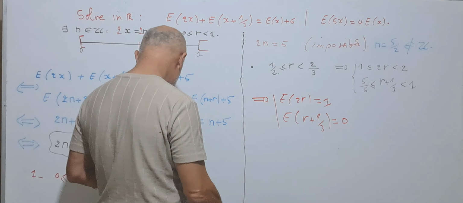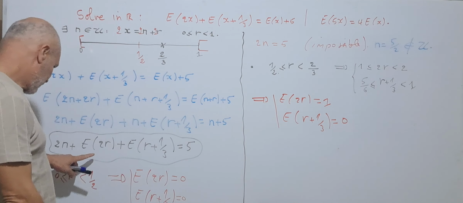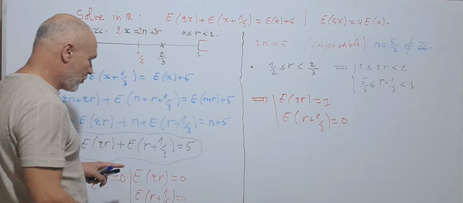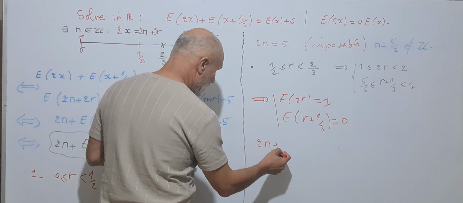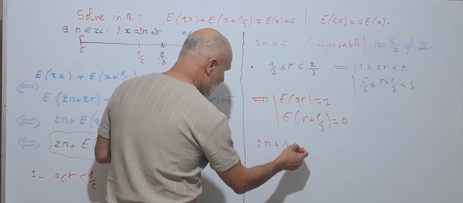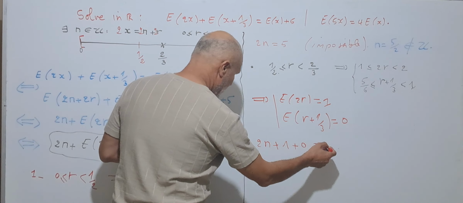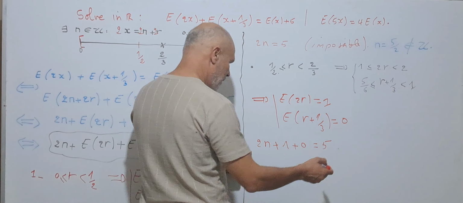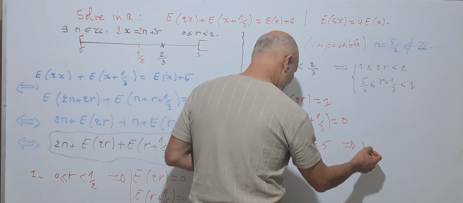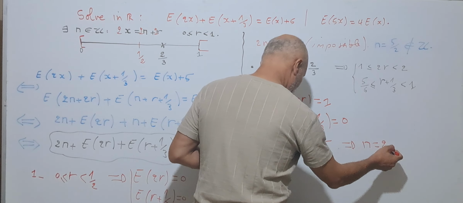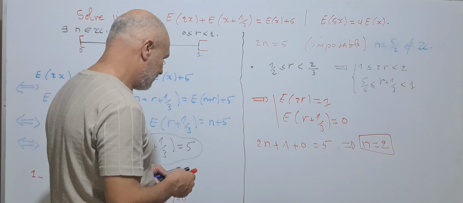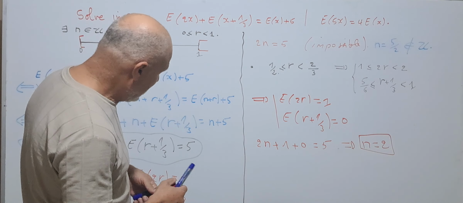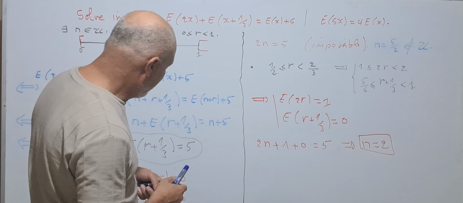And this equation turns to 2n plus 1 plus 0 equals 5. This means that n equals 2, and this is nice.